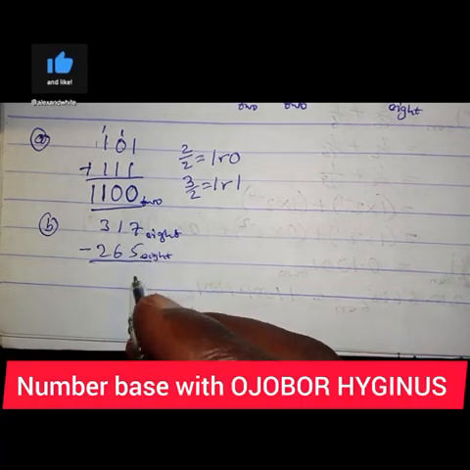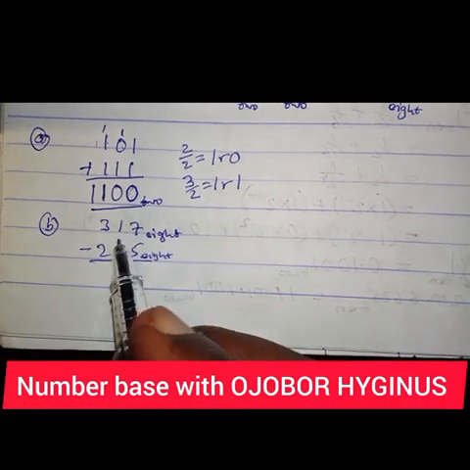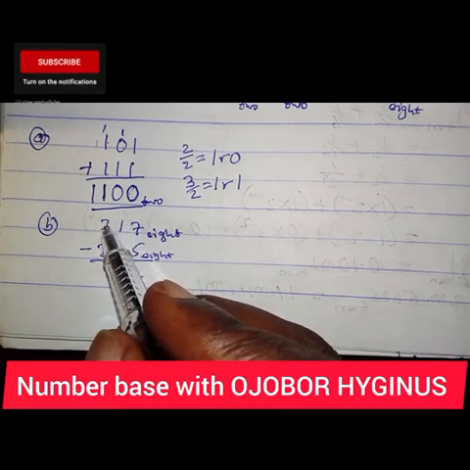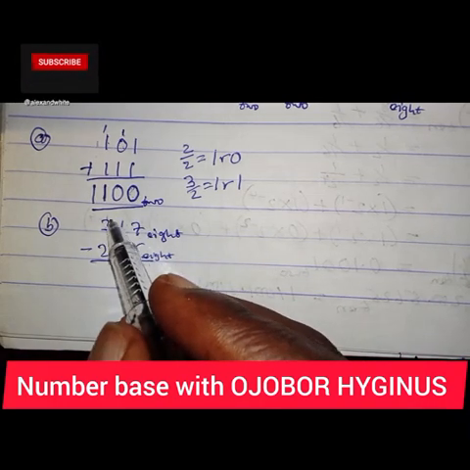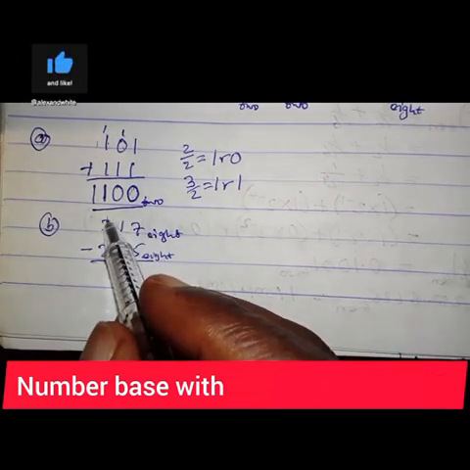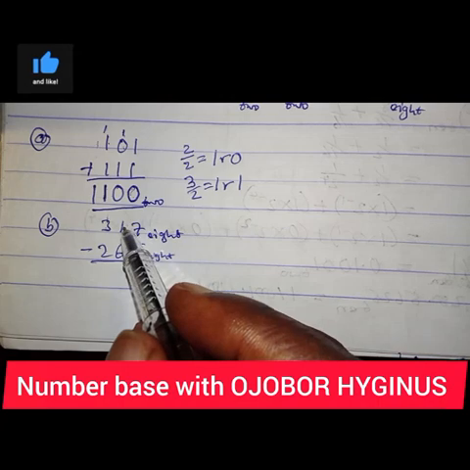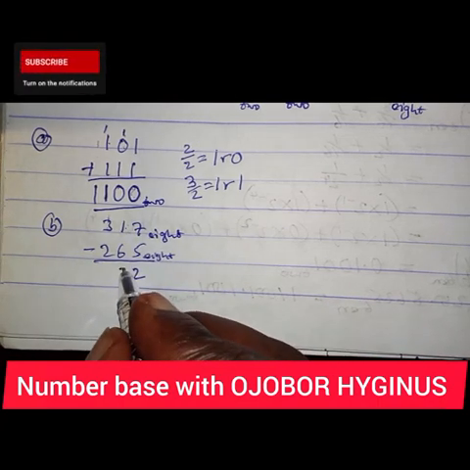7 minus 5 is 2. 1 minus 6 cannot go. We have to borrow just like we do in base 10. We'll take 1 from the next number. If it is in base 10, when we borrow 1, we call it 10. So this time around, we'll borrow 1 and call it 8, since it's in base 8. Add it to this 1, it becomes 9. 9 minus 6 will give us 3.